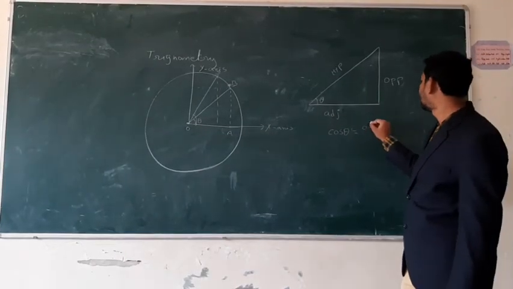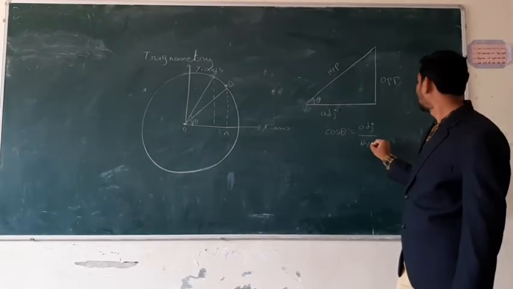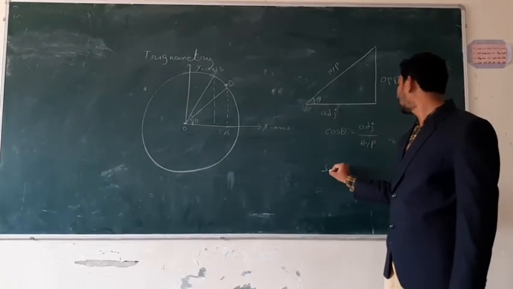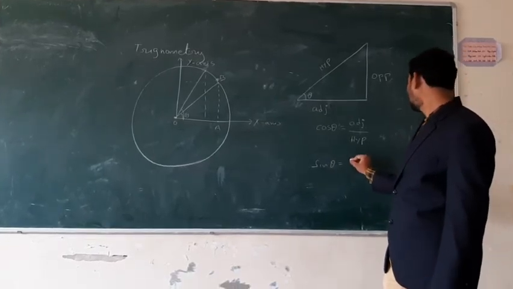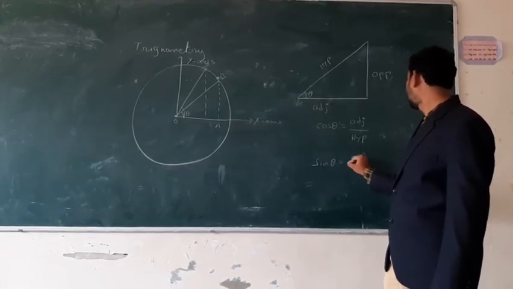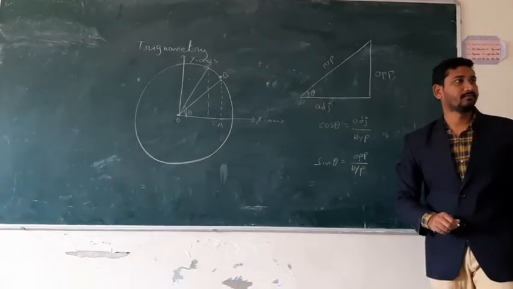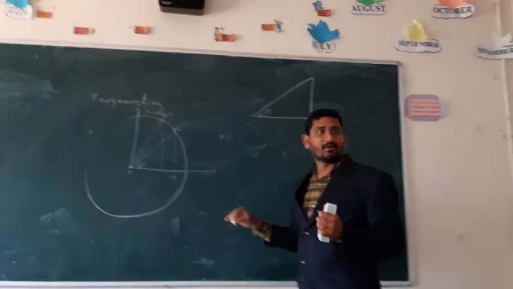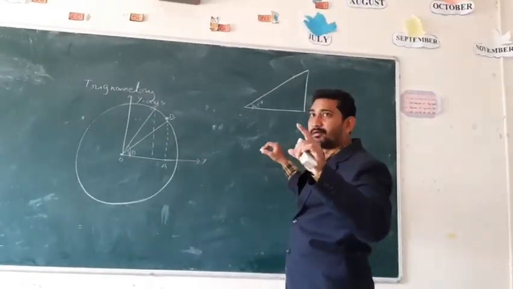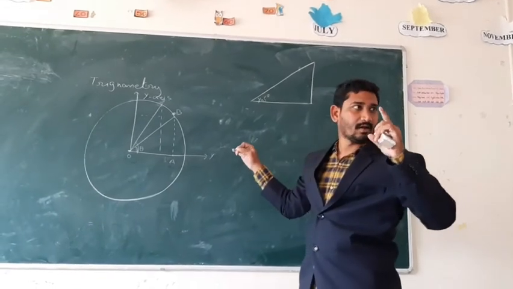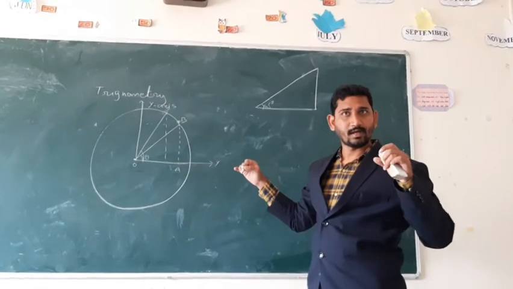That means adjacent side by hypotenuse. Sin theta gives you the ratio between opposite side by hypotenuse. For 45 degrees, I told you it is an isosceles right triangle. Sin theta means opposite side by hypotenuse.